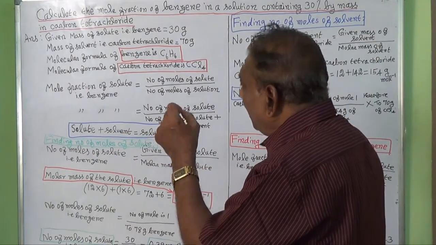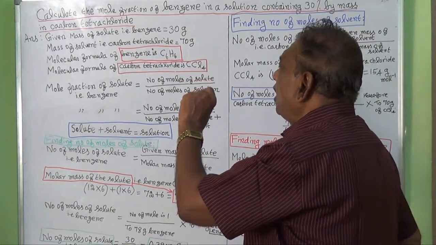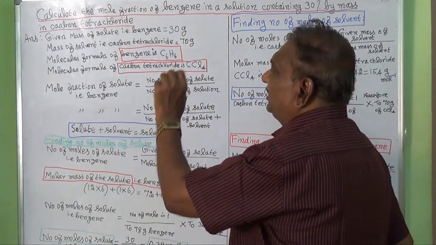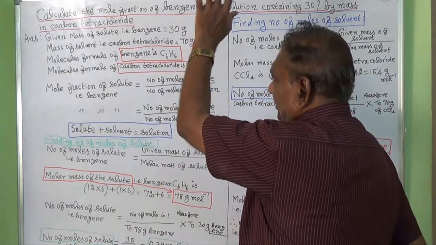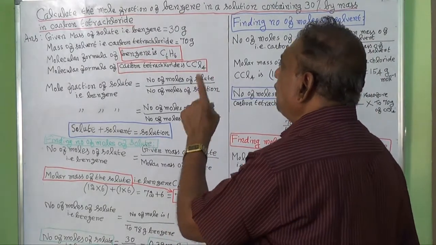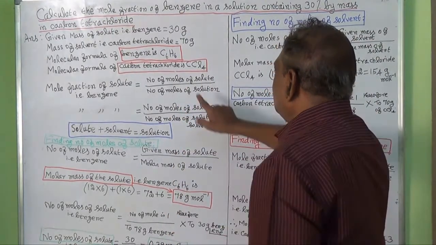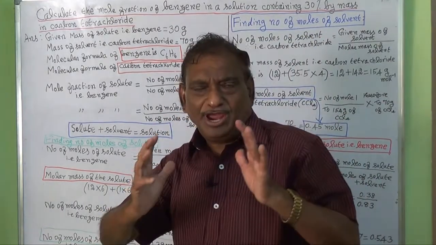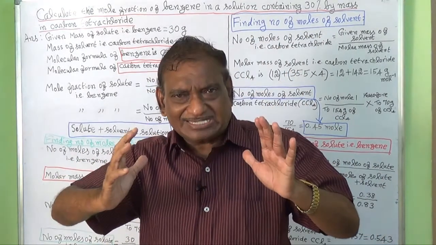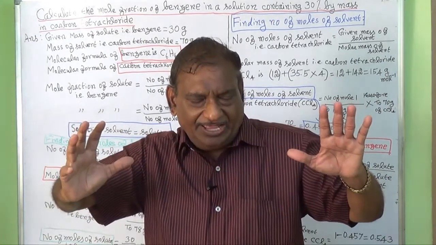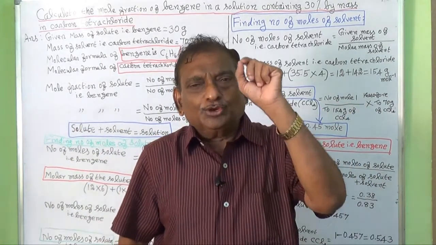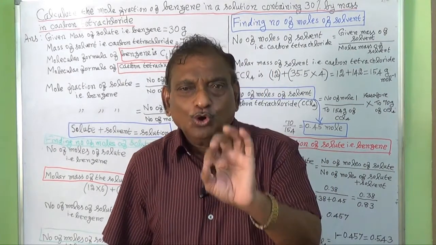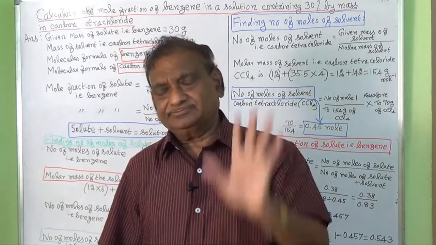We have to write the molecular formula of solvent from the name given, that is carbon tetrachloride. The molecular formula of carbon tetrachloride is CCl4. So the required four particulars have been given. Then we can proceed to find the mole fraction of the solute, that is benzene.